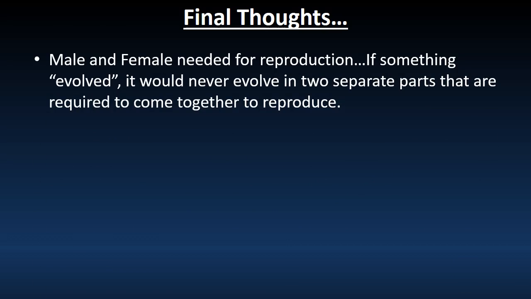But there are some other ones, and these are kind of neat. Male and female needed for reproduction. If something evolved, it would never evolve in two separate parts that are required to come together to reproduce. It would never happen. Just the fact that there's male and female, that alone should be a huge red flag to say, well, give me a break. Why would something evolve in two separate pieces like that? So that's a biggie.